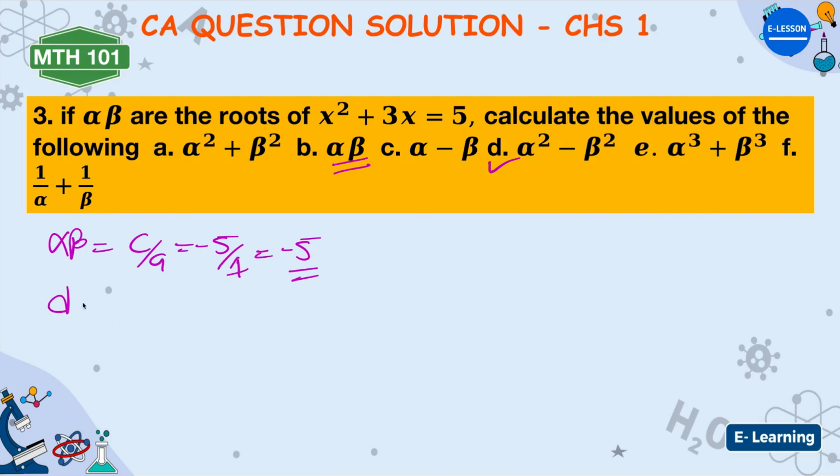Then let's come to D. D says alpha square minus beta square. Alpha square minus beta square is like the difference of two squares.